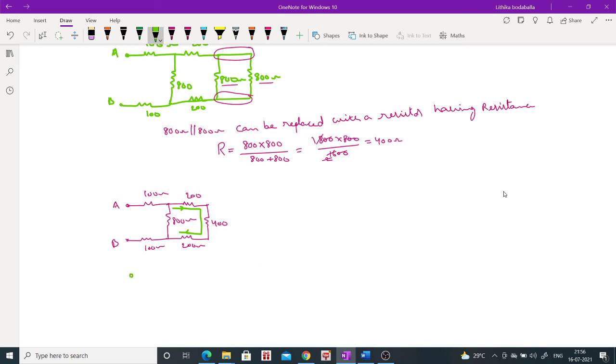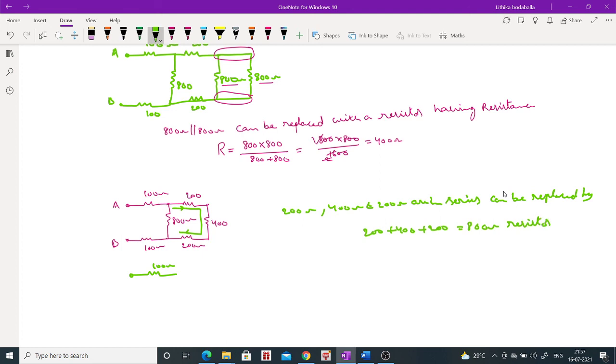So I am directly redrawing. This 100 ohm; see, 200 ohm, 400 ohm and 200 ohm are in series, so can be replaced by 200 plus 400 plus 200, that is an 800 ohm resistor.